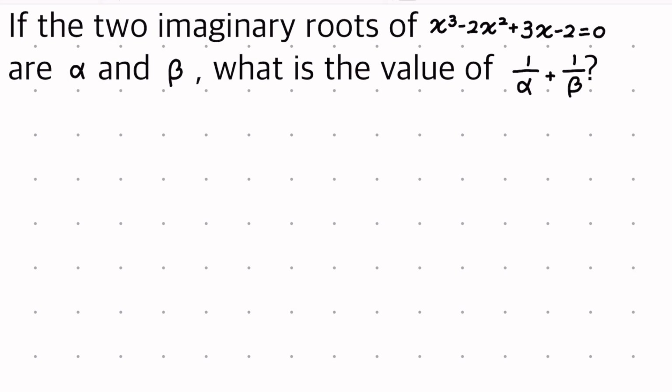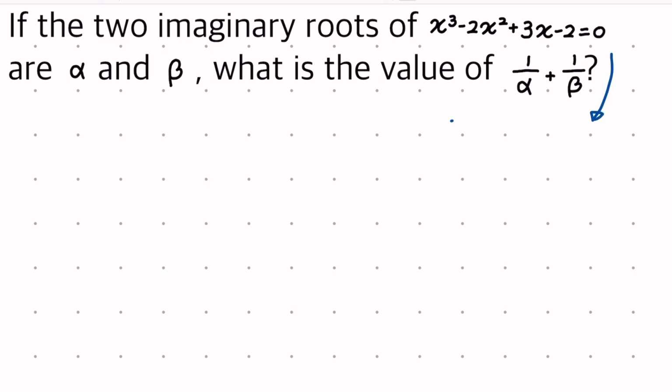Since we've studied different methods for solving cubic and quartic equations, let's take a look at a few practice questions. If the two imaginary roots of x cubed minus 2x squared plus 3x minus 2 equals 0 are alpha and beta, what is the value of 1 over alpha plus 1 over beta? So we're going to first start off by using the synthetic division method.